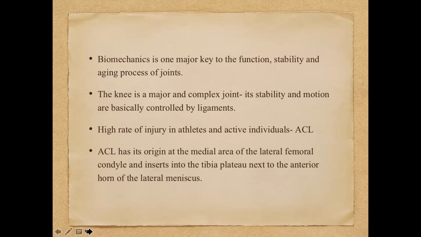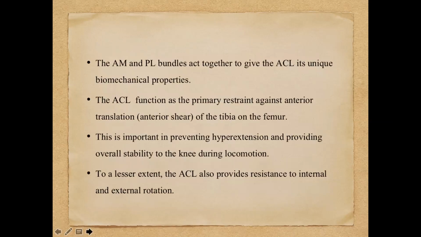There is a high rate of injury in athletes and active individuals, and the most common injury is to the anterior cruciate ligament. The ACL has its origin at the medial area of the lateral femoral condyle and inserts in the tibial plateau near the anterior of the lateral meniscus. There are two bundles, anteromedial and posterolateral, which were explained by Dr. Praveen.